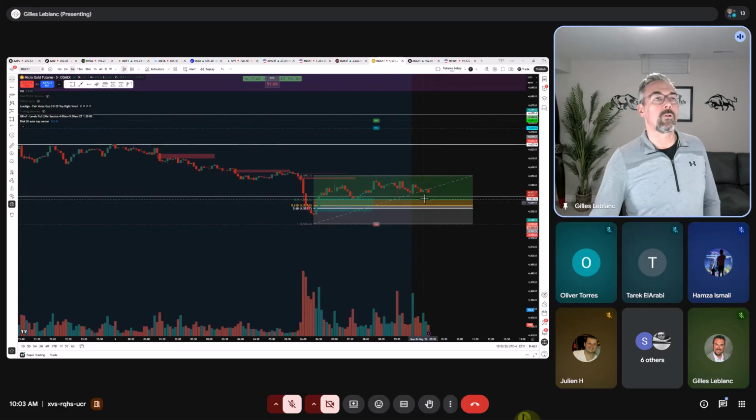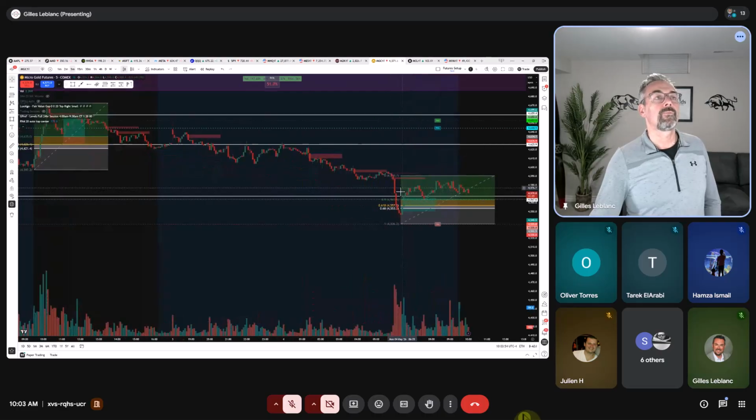And I want to start looking at it. And this I would possibly take long for a few reasons. First of all, it's a 50% retracement from the most recent impulse buy. And it's at a higher time frame level of possible support.